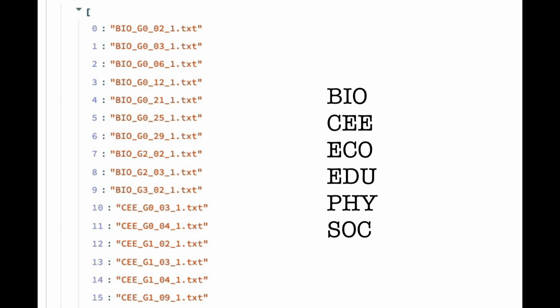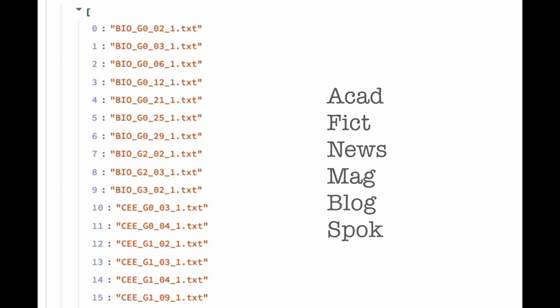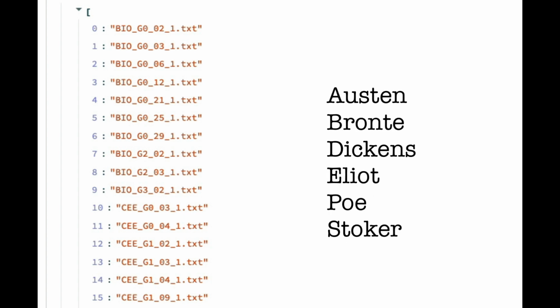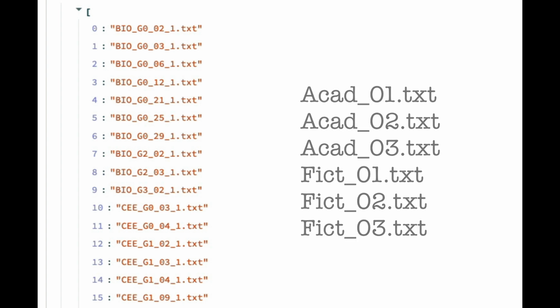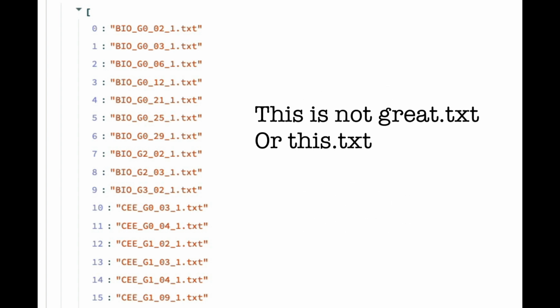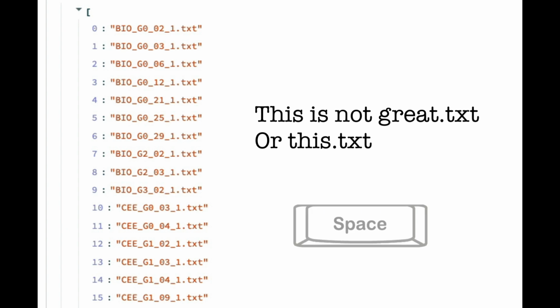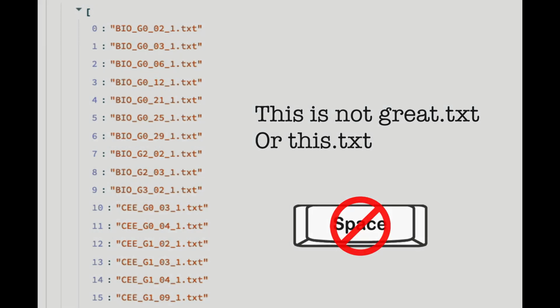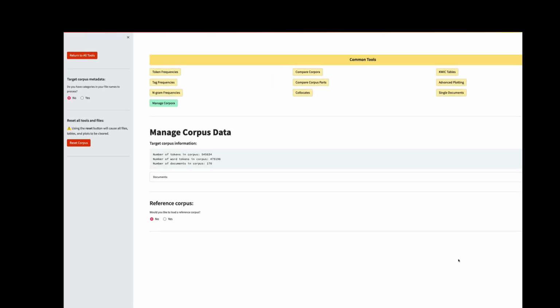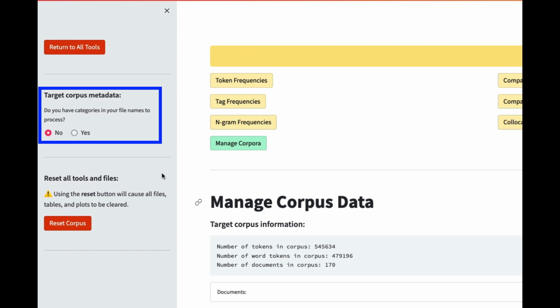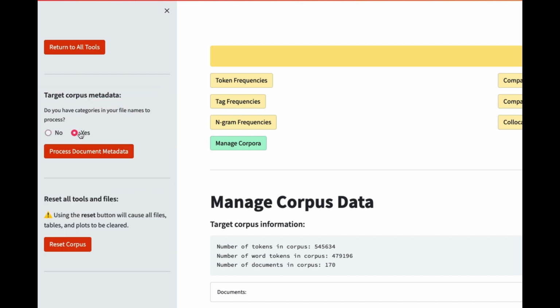Here we have the names of disciplines, but you could also have the names of text types or the names of authors, whatever is relevant to your project, but keep names consistent and systematic, and as a best practice, avoid using spaces in your file names. To process the metadata, select Yes for Target Corpus Metadata and click the Process Document Metadata button.